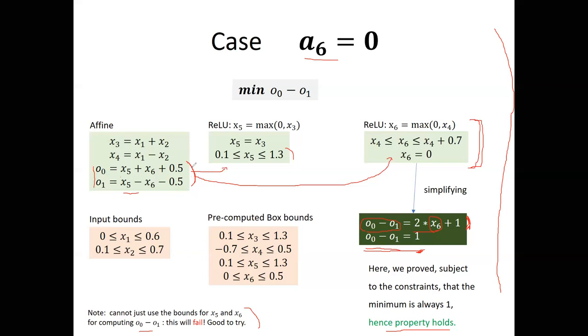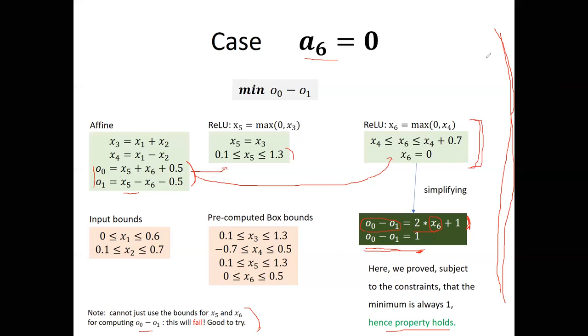You need to use all the constraints, which is what the linear programming will do, and compute that O0 minus O1 is 1 here. So in this whole linear programming instance, you're able to prove that the property holds.